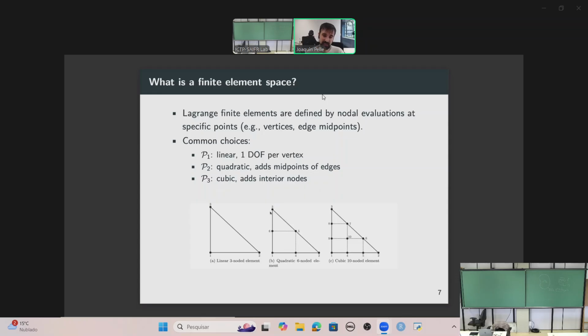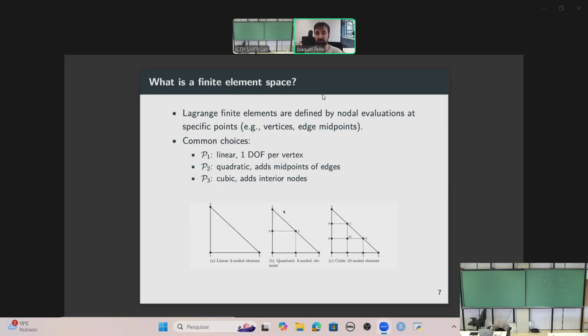Now, as I was saying, you can think of evaluating at a node as a linear functional. I am taking a function and I am producing a real value from that function by evaluating it. And I am using this evaluation to construct this space.